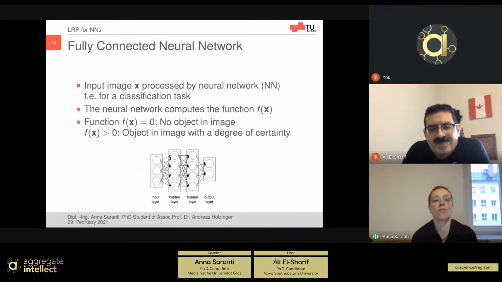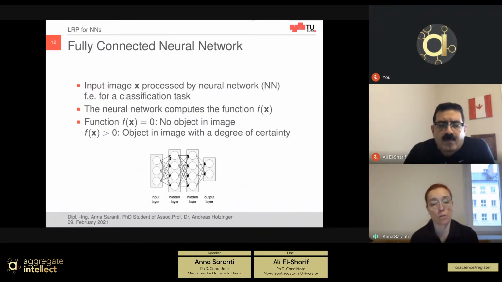In the early days of AI, an input image is processed by a neural network, for example for a classification task, in this way. We don't have, for now, convolutional networks with skip connections for this part. The neural network just computes a nonlinear function f of x.